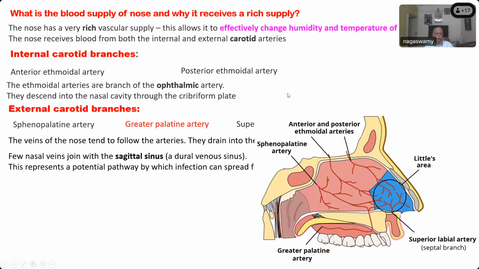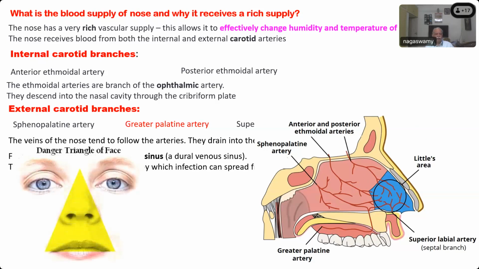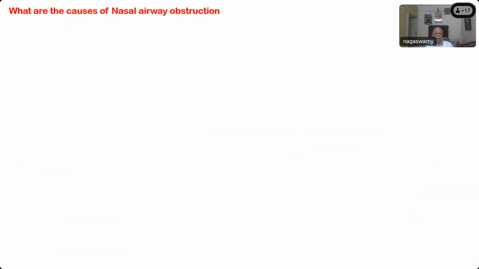So remember that the nose is supplied by branches from both internal and external carotid arteries. That is the reason why any injury or trauma in the face, the nose bleeds like hell. So nasal bleeding will be very, very serious. And this is the area which has a communication with the cranial cavity, which can transfer infection from the nose to the intracranial area.